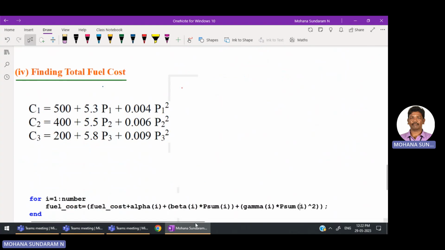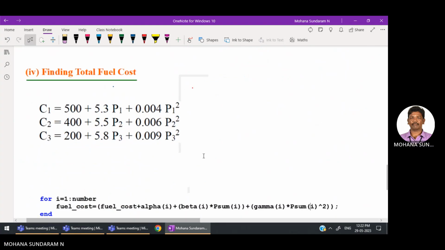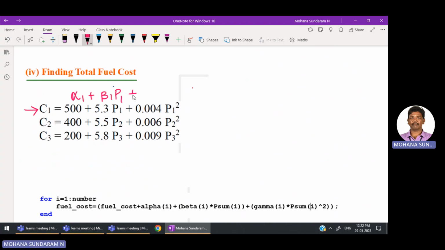Now coming to this. For finding total fuel cost, what is the logic? You have to first find C1. C1 is equal to alpha 1 plus beta 1 into P1 plus gamma 1 into P1 square. When I is equal to 1, all the indices are 1.